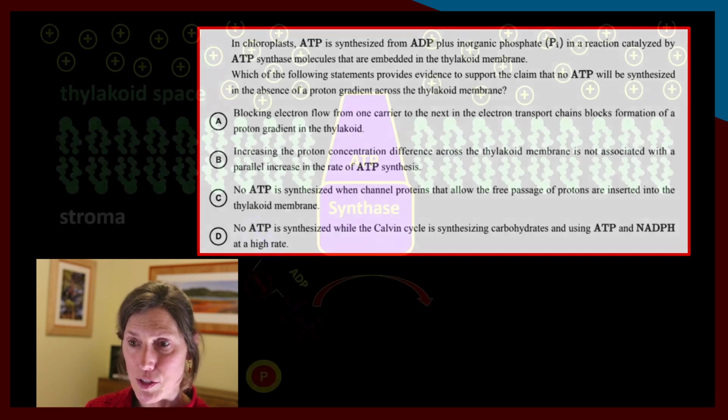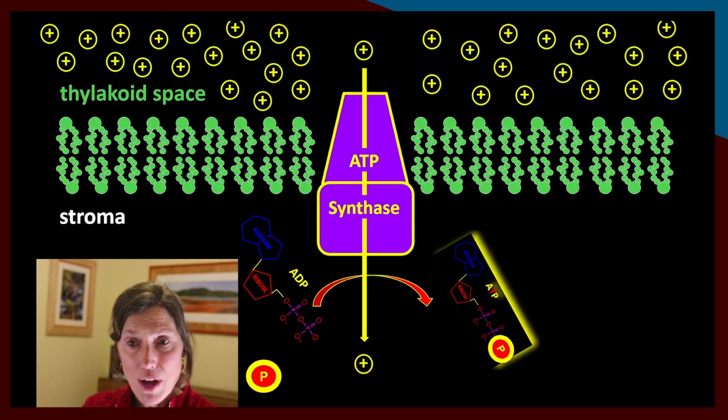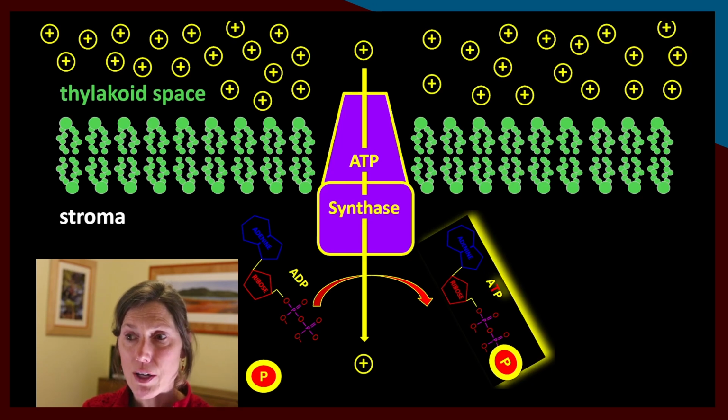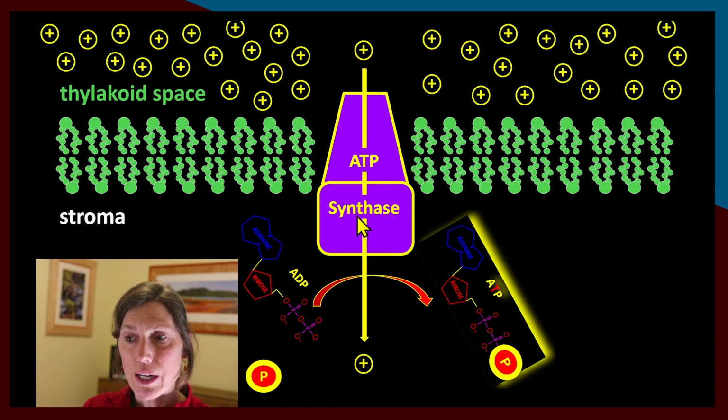Let's check out that system again. Okay, so what we're looking at here is the thylakoid membrane. North of that membrane in this diagram is the thylakoid space. South of this membrane is the stroma, which is inside the chloroplasts. Embedded in the membrane is the ATP synthase molecule.